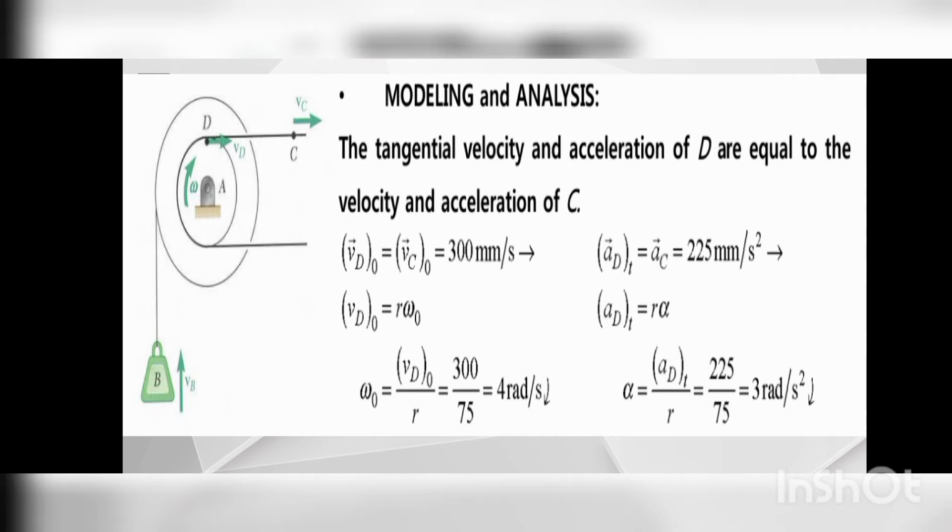Then our angular acceleration is the acceleration of D all over R. So it is equal to 225 millimeter per second squared divided by 75 millimeter, which is equal to 3 rad per second squared.